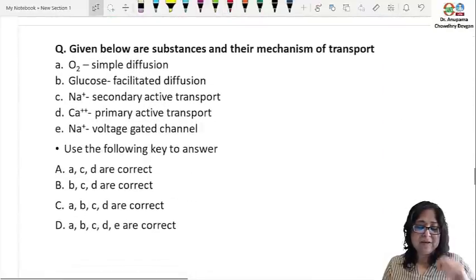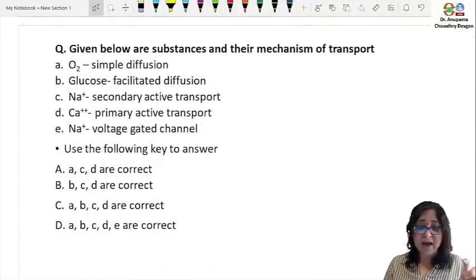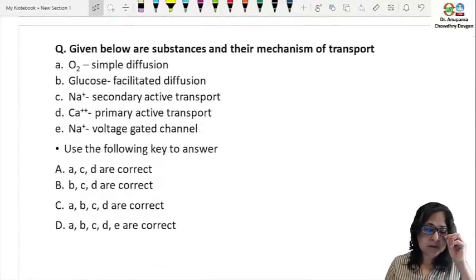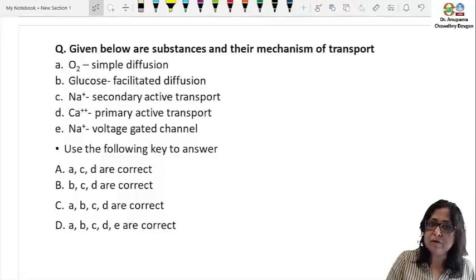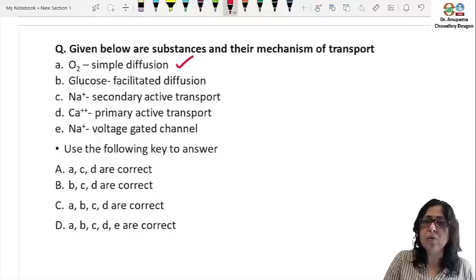Given below are the substances and the mechanisms of transport. I'm again not sure of the options, but from the students what I've got is oxygen by simple diffusion, respiratory gases by simple diffusion, yes. Glucose by facilitated diffusion, that is true.